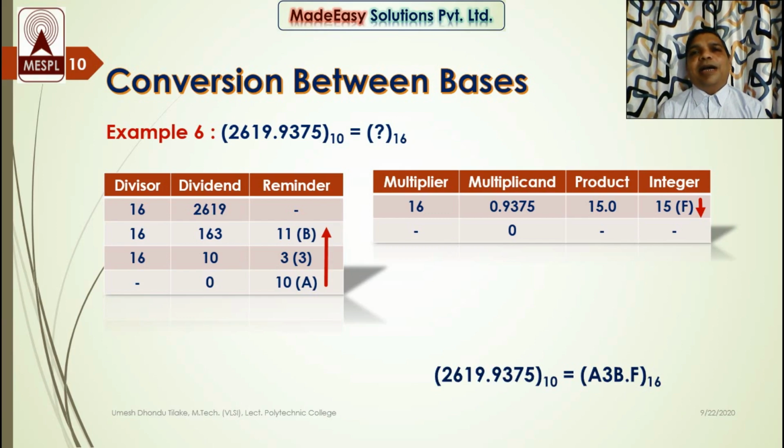Divide the integer part of a decimal number by the base of the required number system to get its equivalent integer part in the required number system, and we multiply the fractional part of a decimal number by the base of the required number system to get its equivalent in the required number system. And we continue the division until we get the quotient as 0, and we continue the multiplication until we get the multiplicand as 0.